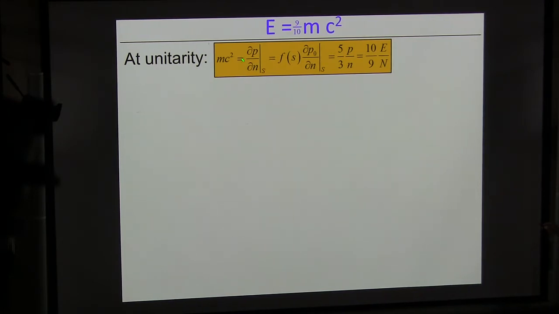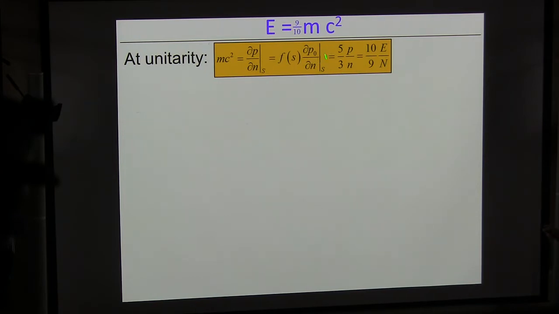It comes about because of the following. If you calculate the speed of sound squared, that should be the derivative of the pressure with respect to the density at constant entropy. And well, the pressure can only depend on things like the pressure of a non-interacting Fermi gas times some universal function of entropy. And well, we keep that fixed, so we take that out. The only reason this varies with density is because the non-interacting pressure varies with density.